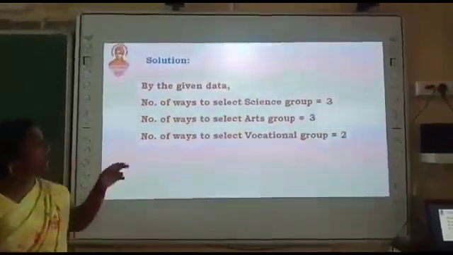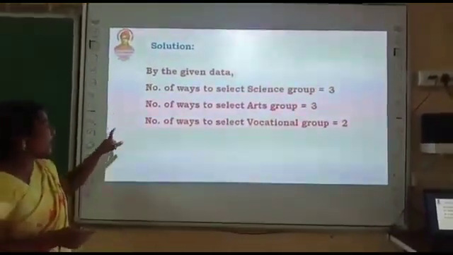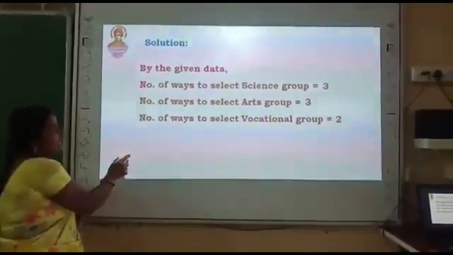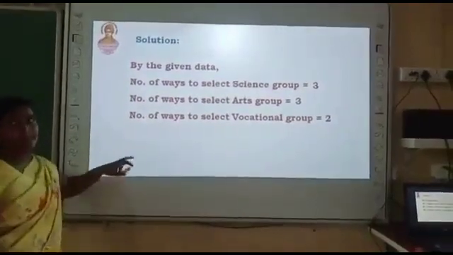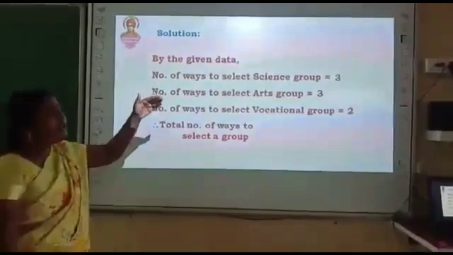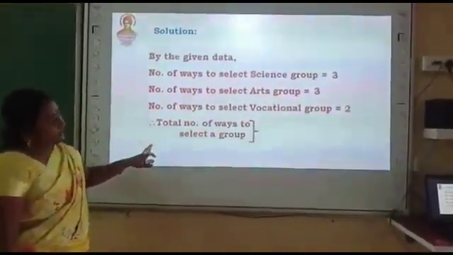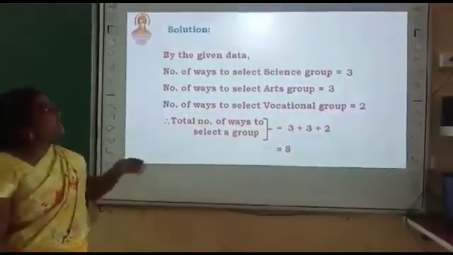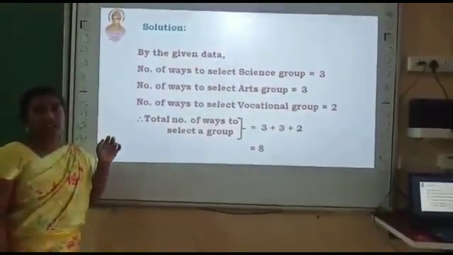These are all independent selections, since the student selects only any one of the groups. Therefore, the total number of ways to select a group is the sum of all three: 3 plus 3 plus 2, we get 8. This is the number of ways to select a group. Have you understood?